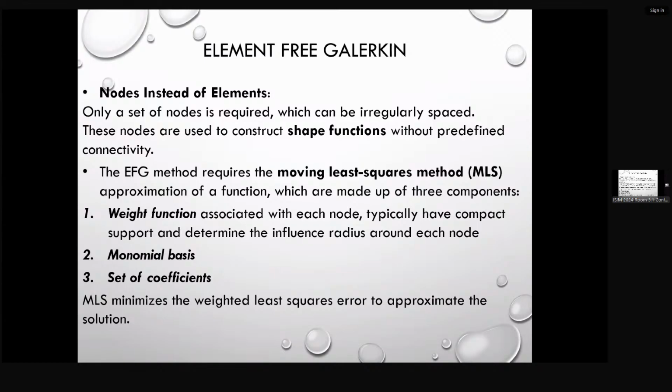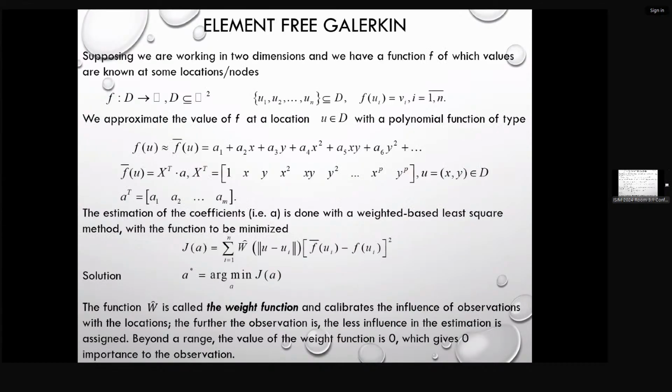We are using the least square method, so we have some points where the wells are, and we minimize the function using a weight function that calibrates the influence of the observation with the location.